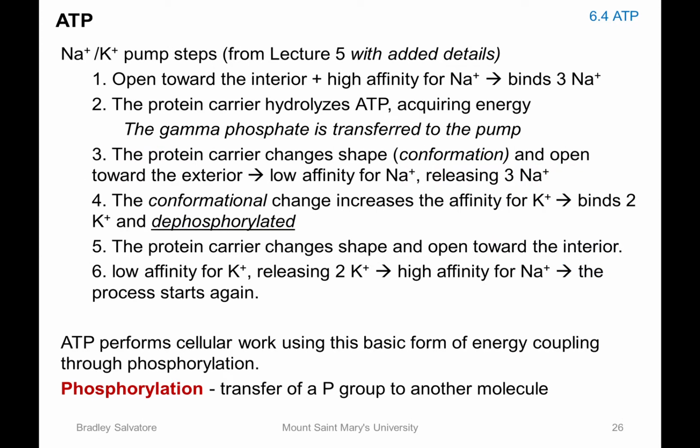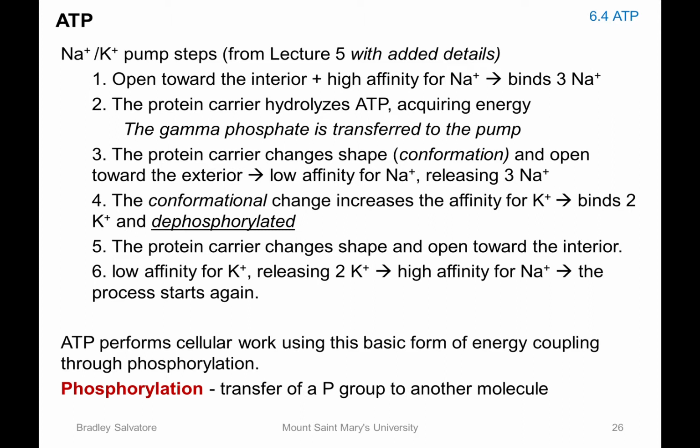So this is just the 6 steps that you've seen before in lecture 5, where you have your sodium and potassium pump. Here we also put in some details in regards to energy and our phosphate group. First, you have your sodium potassium pump in a conformation where it opens toward the interior of the cells, without the phosphate group attached.